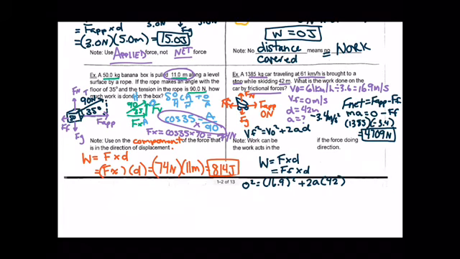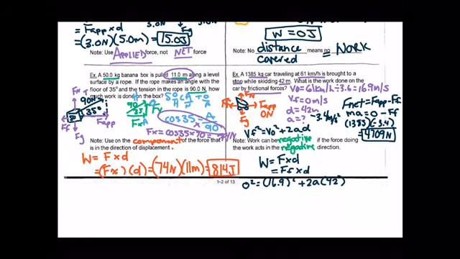So work can be done and it can be negative if the force doing the work acts in the negative direction. So since our force of friction pulls back on the car, then it could be negative.